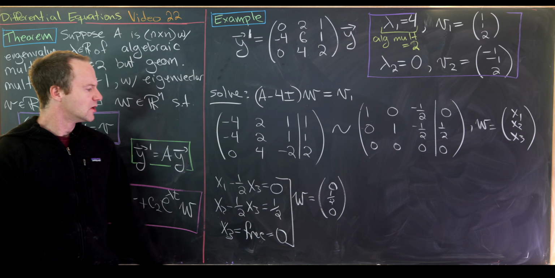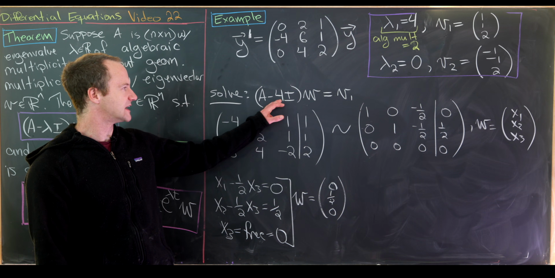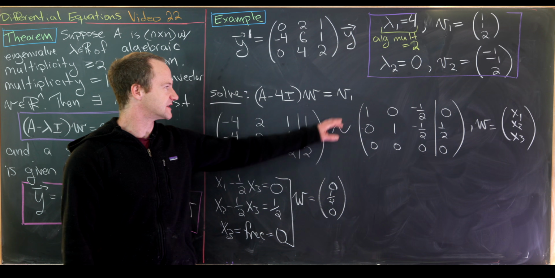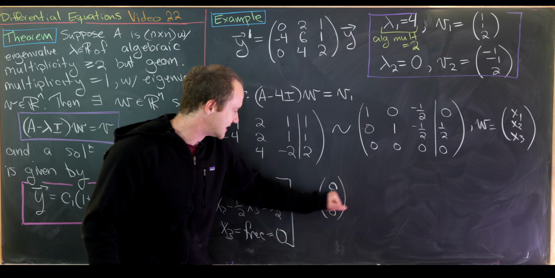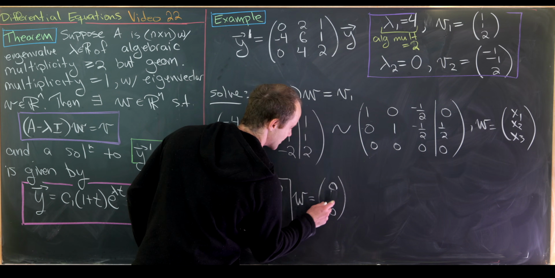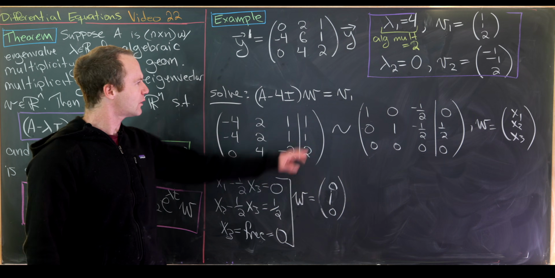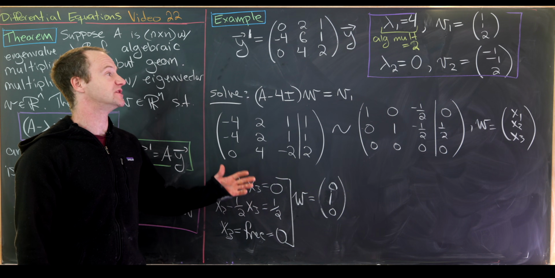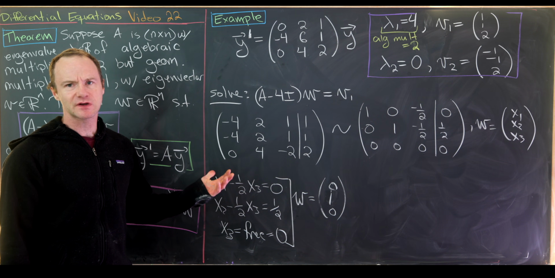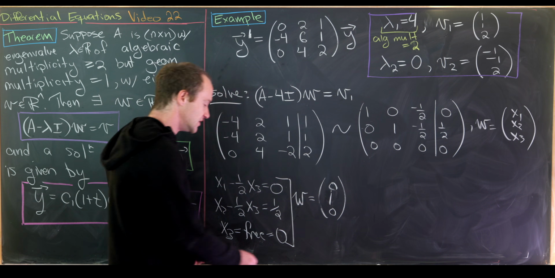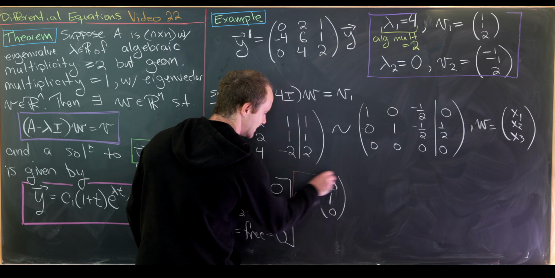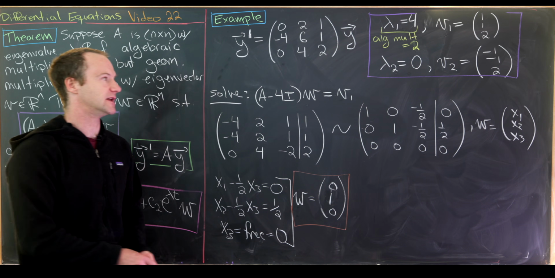Okay, so that's good. But now if multiplying A minus 4I to W gives us V1 in this form, we can scale this by 2 to the vector 0, 1, 0, and we won't achieve V1, we'll achieve twice V1. But that's okay because any multiple of an eigenvector is also an eigenvector. So needless to say, we might as well take W to be this right here.